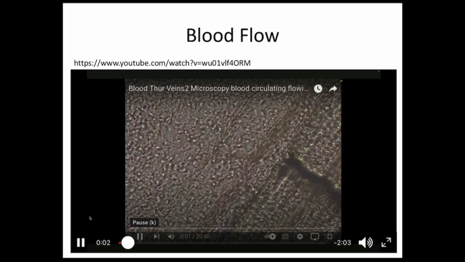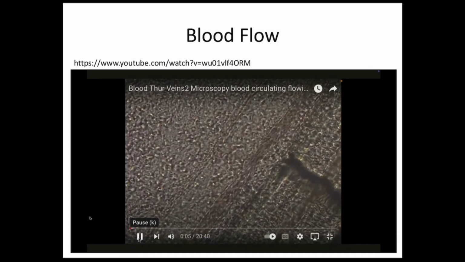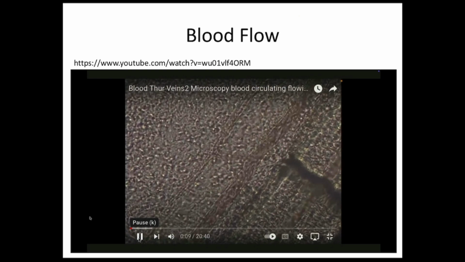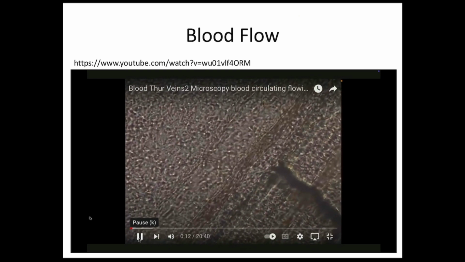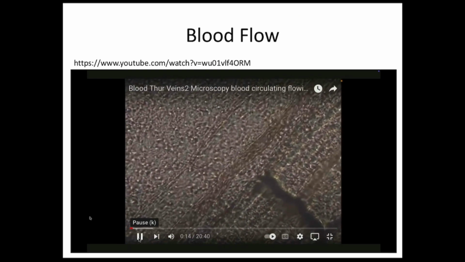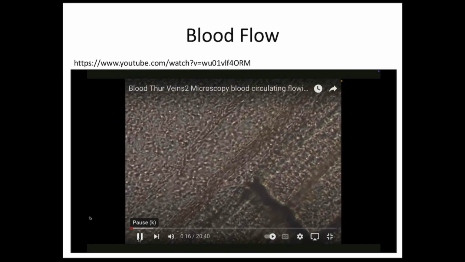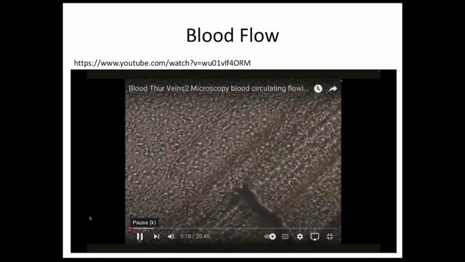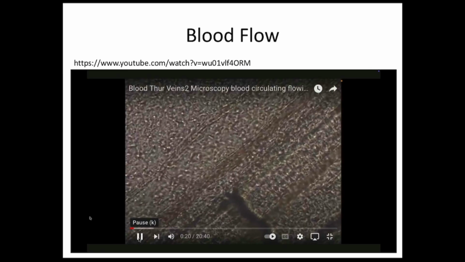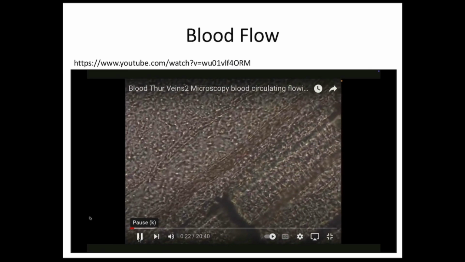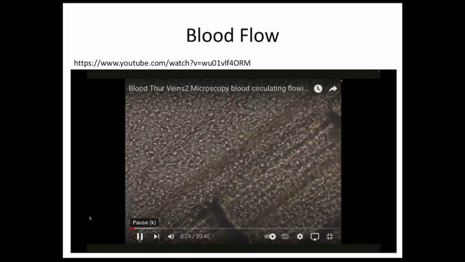Basically what I want you to see is those blood cells moving through the vessels and just how fast that movement looks for cells of that size. When I talk about this, as I will quite a bit today, as a crowded freeway with everyone going really fast, this is really what it looks like.